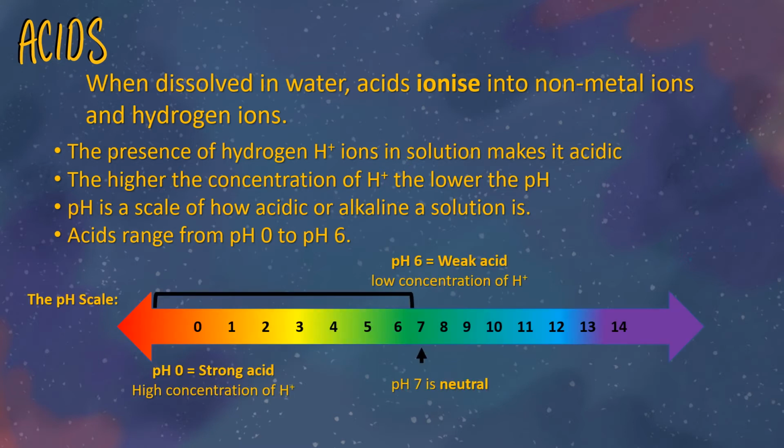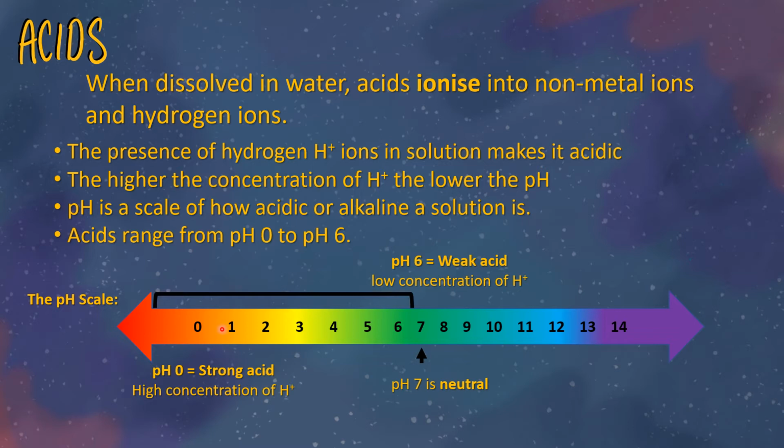Here we have the pH scale at the bottom. If there are more hydrogen ions, it means it's more acidic and the pH gets lower. Acids range from pH 0 to pH 6.